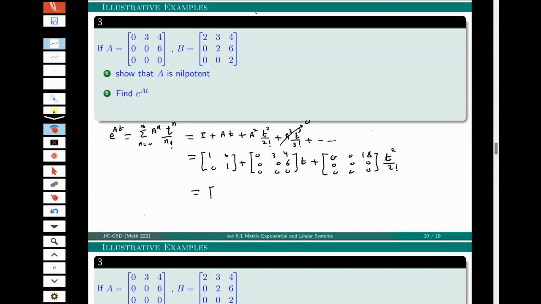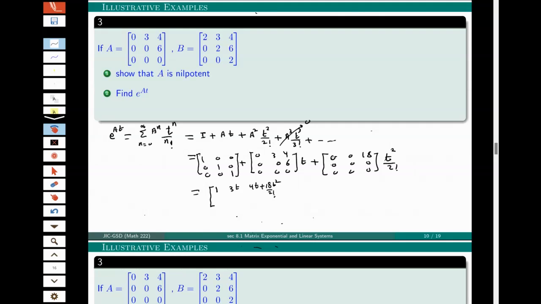Okay, so what I will get is the matrix: 1 plus 0, so this is just 1. The second entry, 0 plus 3 times t. The third entry is 0 plus 4t plus 18 t squared over 2 factorial.